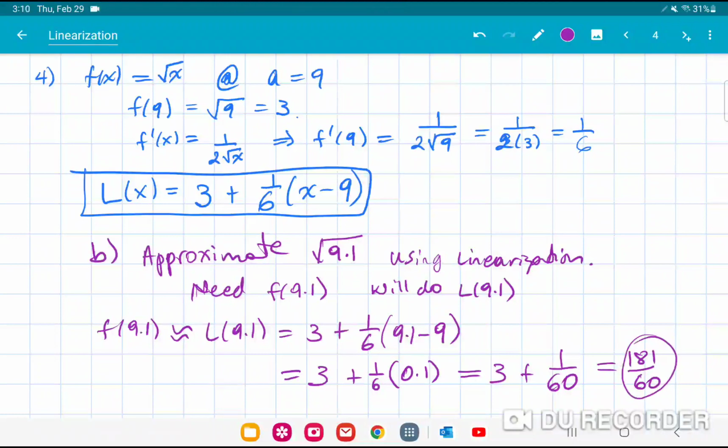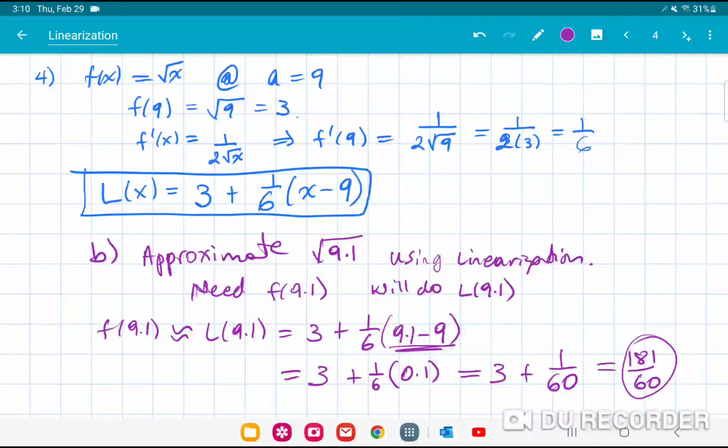And the main reason why we don't want to simplify this is we're usually looking for a functional value near a, in this case 9. So had we simplified it to mx plus b, the calculation would have been a little bit longer.